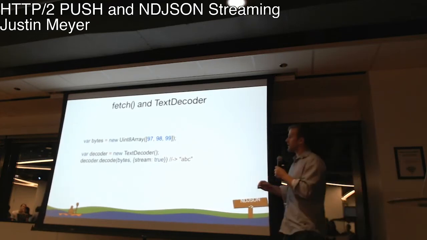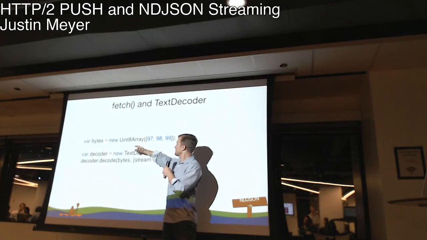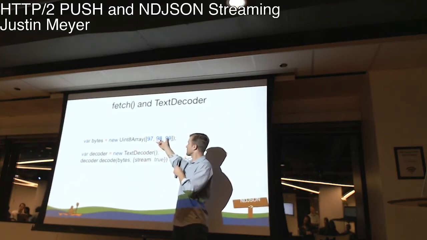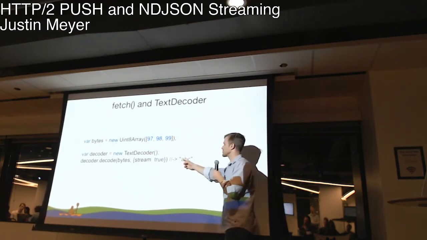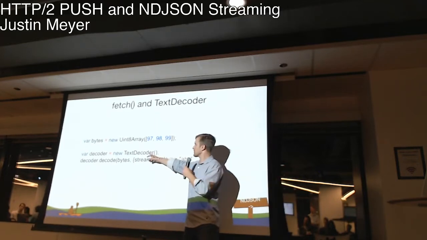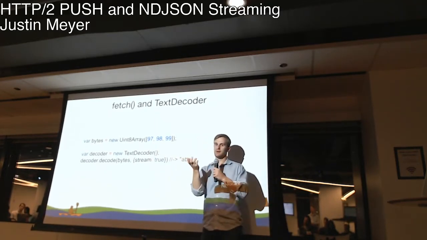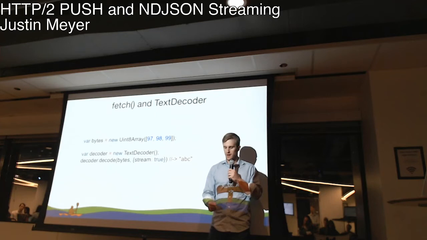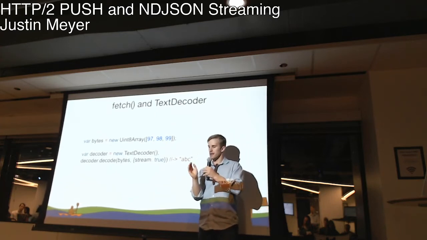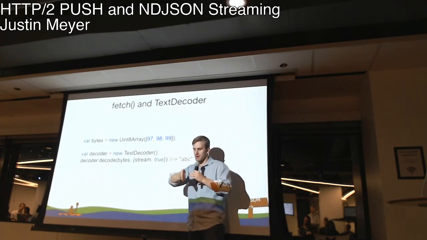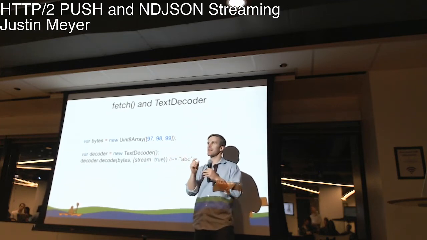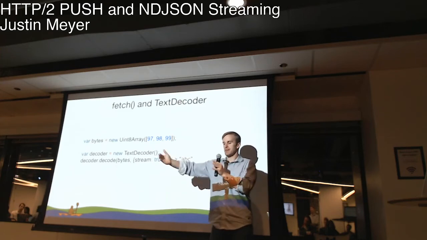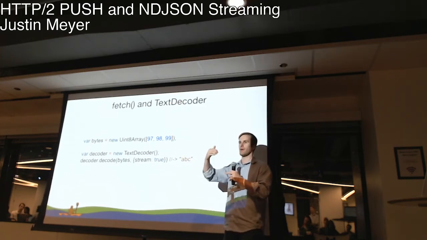So the browser now also supports this handy little util, the text decoder really, that can convert from those bytes to a string. And this text decoder is stateful, so if your server sent half of a character, essentially, as bytes, it can see that, understand that, and when the next bytes come in, it will basically always be giving you whole characters back.